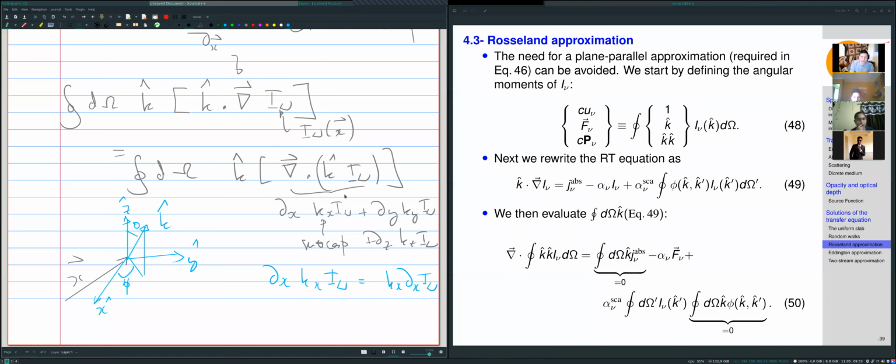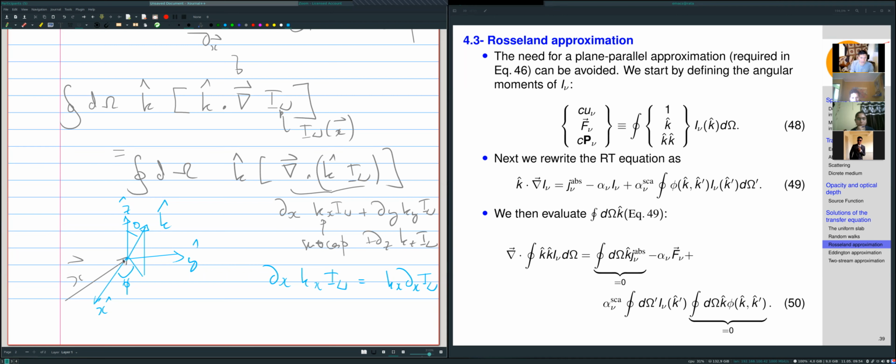This is a trick not easy to follow, because it's confusing: I'm performing a derivative over x, and I've got the x component of this unit vector. But kx is just the x coordinate of the direction k, which is sine theta and cos phi, which do not depend on where I'm placing or differentiating the origin, which is the position where I'm evaluating the specific intensity field.